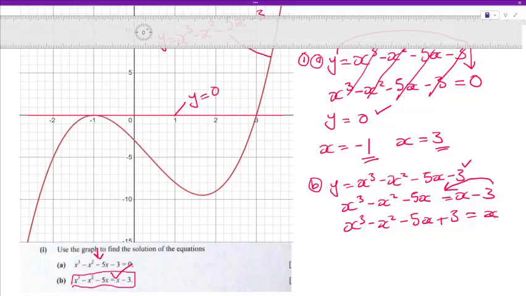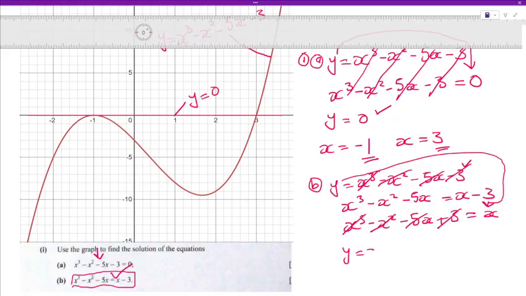This side will just remain with an x. Once you do that, that one and that one will cancel, and the rest cancel as well. So your y will just be equal to what is remaining here, which is an x. So y is equal to x is your inequality.